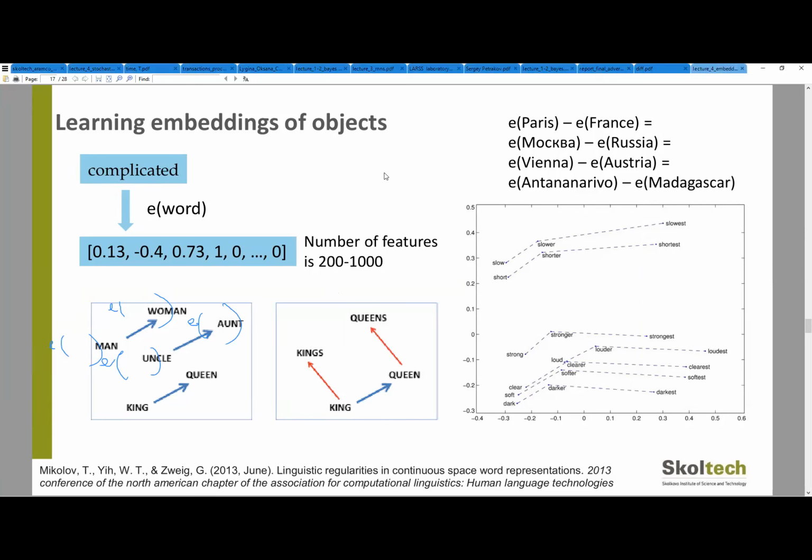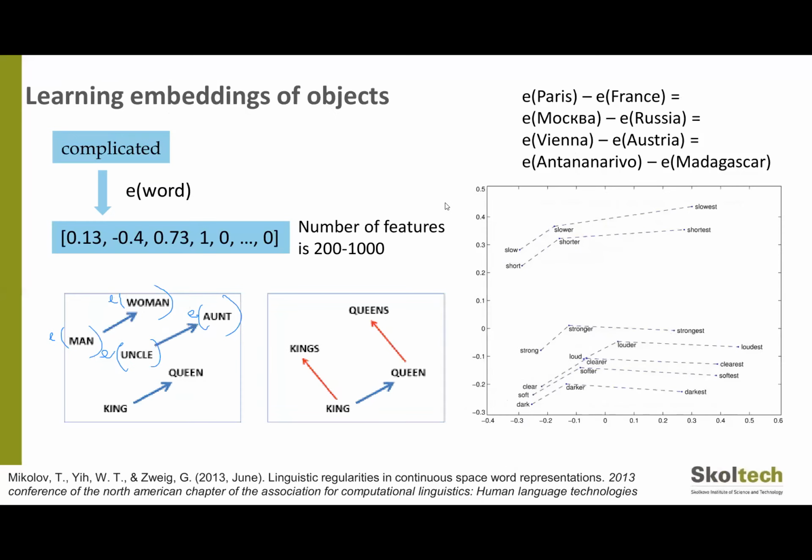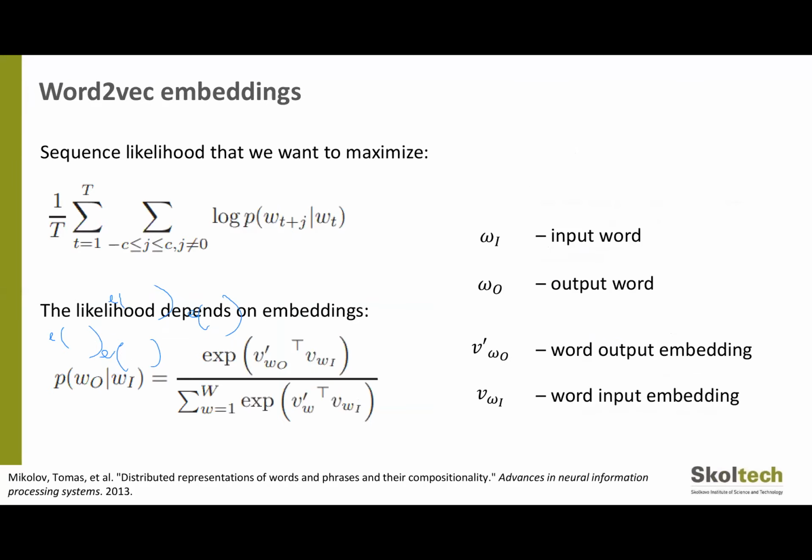Okay, so let's go back. I think you can now again see the slide here. And on this slide, we again see these useful embeddings. We can try to use different heuristics to generate embeddings. And maybe one of the most popular approaches, from before neural networks and this kind of training, is word2vec.